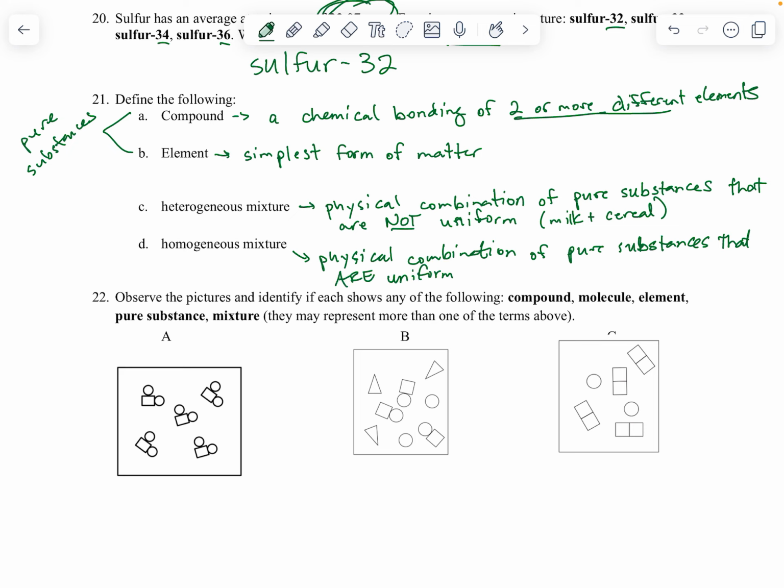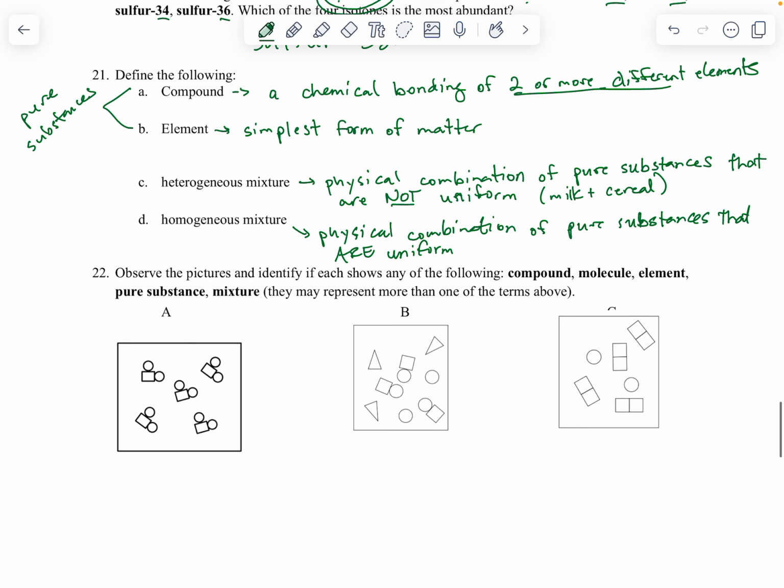Just like teams use uniforms to make sure that everybody knows what team they're on, so that they look the same in comparison to the other teams. That's kind of what homogeneous mixtures are. So they are uniform. That's something like any solutions we can think of, like Gatorade, lemonade, and so on and so forth. So there are a couple of examples of that.